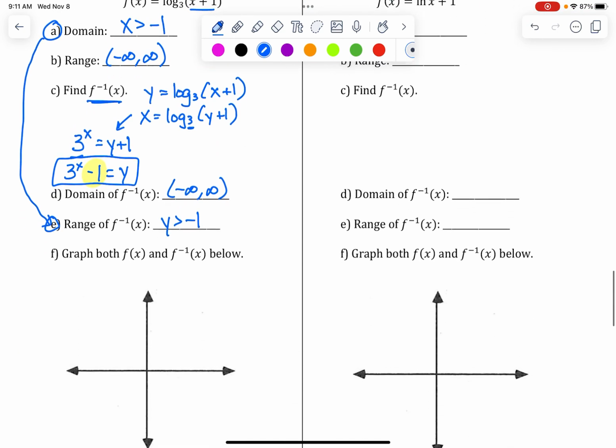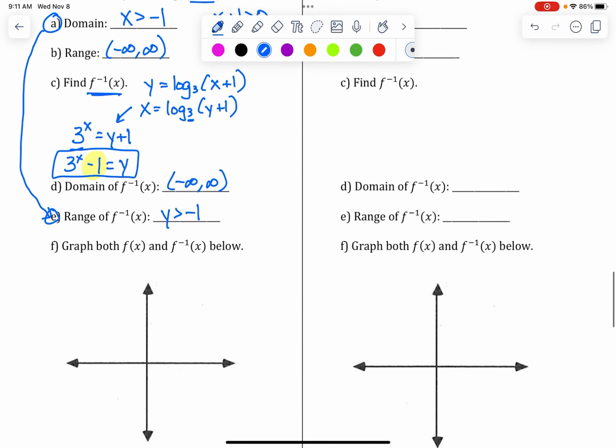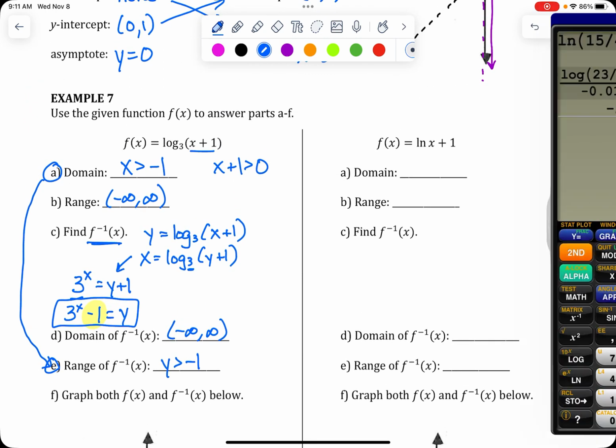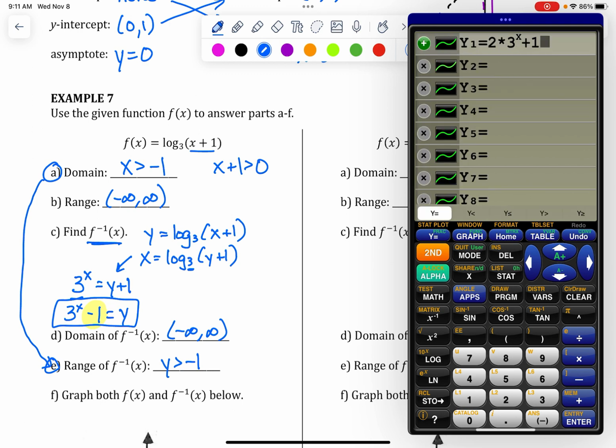And so just as extra practice, we're going to have you graph these as well. The easiest way I would suggest is for you to plot points, all right? So if you go to your graph and type in your two equations, y equals log base 3 of x plus 1.